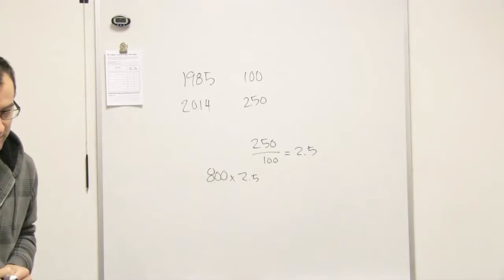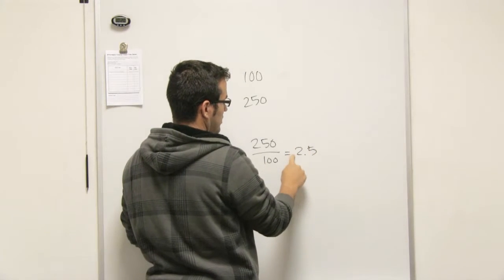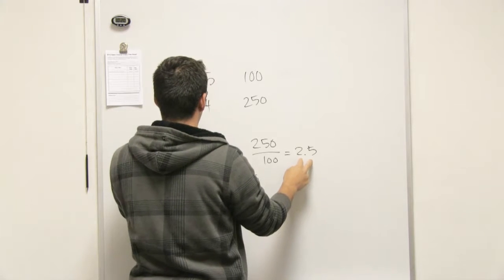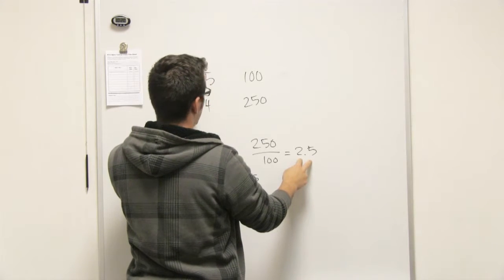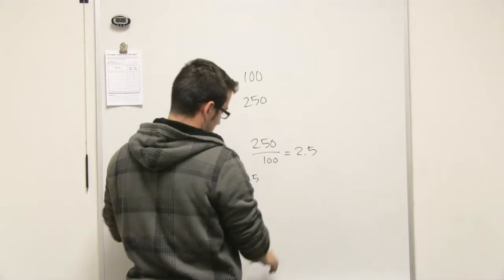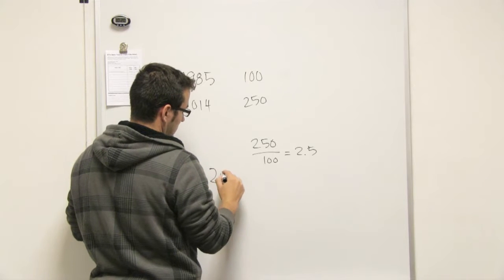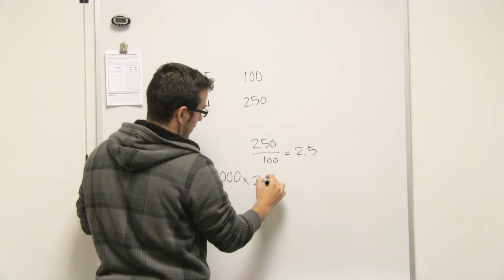Let me just make sure we're doing this right. It takes $2.50 of our 2014 dollars for each dollar here, right? So if that cost $2,000 back then, a computer really today would have cost 2,000 times 2.5, right?